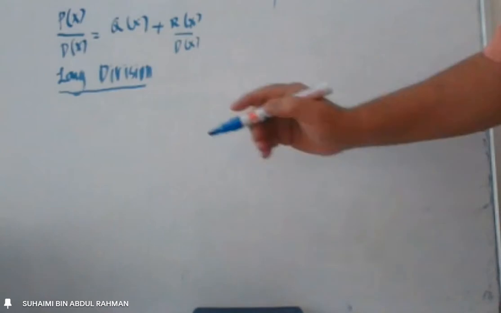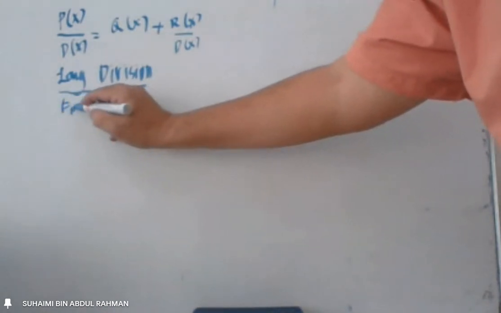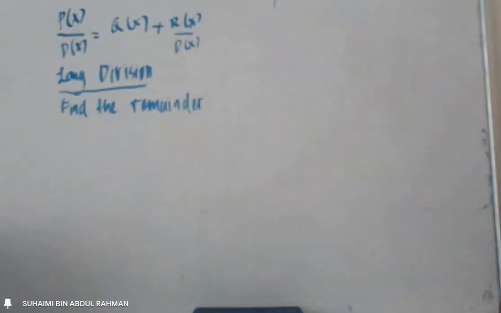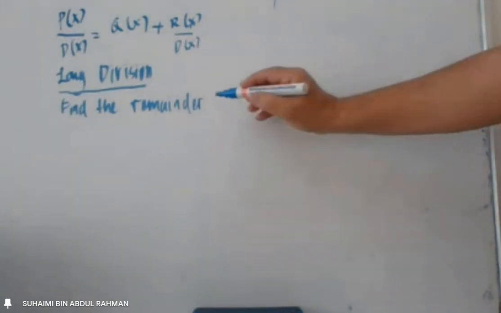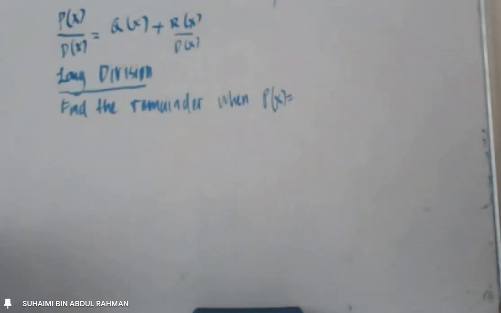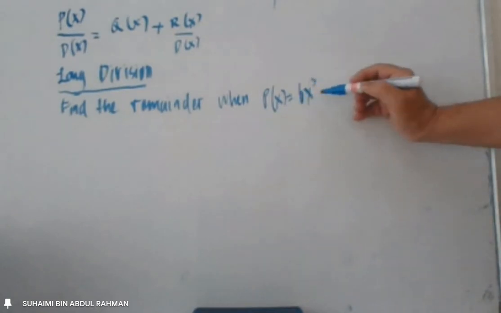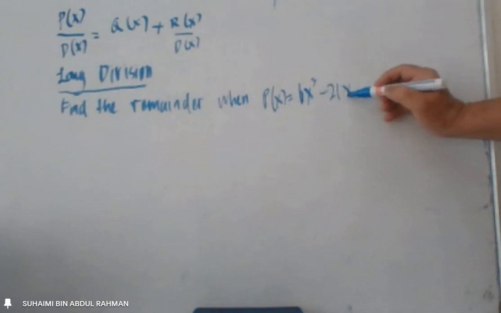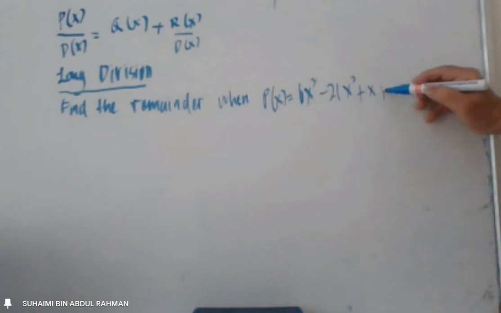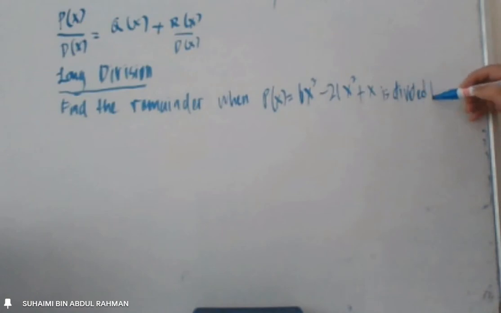For instance, the question says, find the remainder when the polynomial P(x), polynomial always represented by P(x), which is 6x to the power of 3 minus 21x squared plus x, is divided by x squared plus 3.